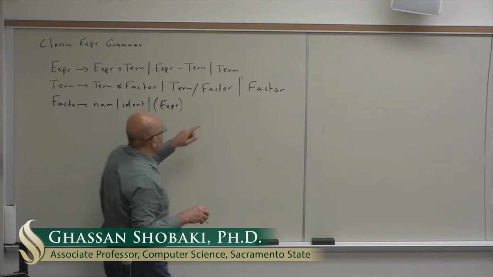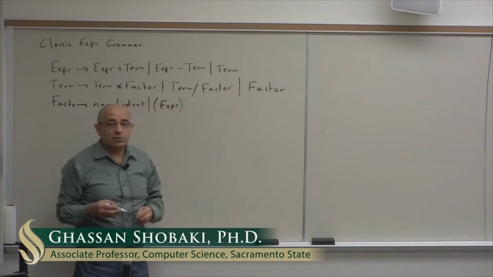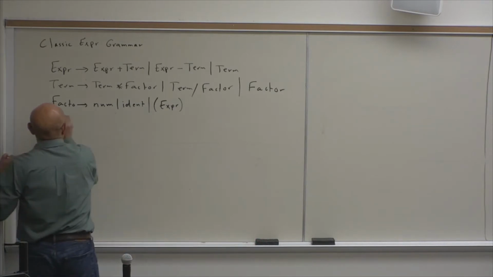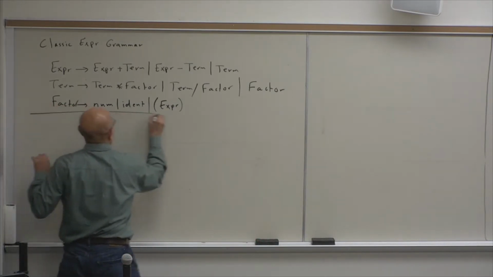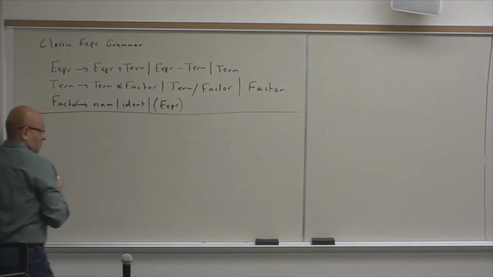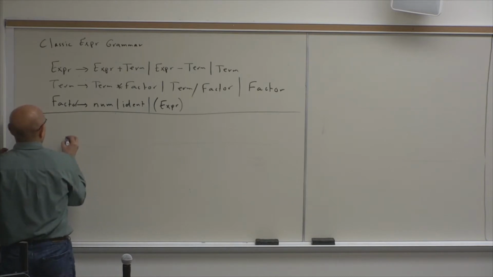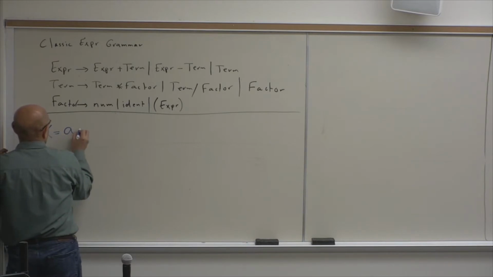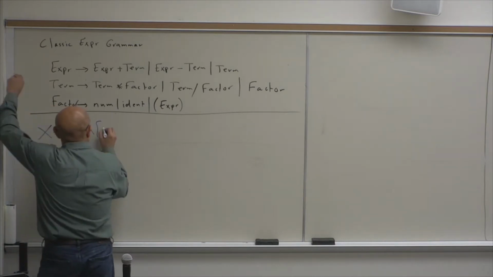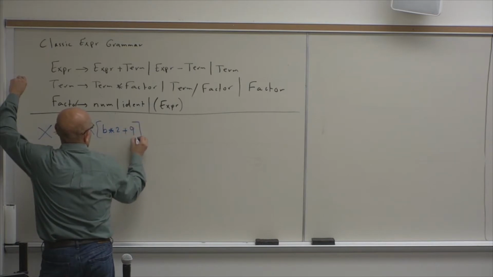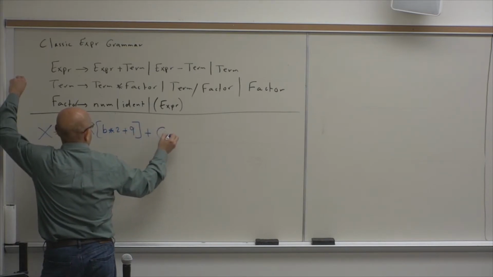So now we would like to extend this further to cover other important programming language constructs like the array reference, like this: A x equals a times a of b times 2 plus 9 plus c.